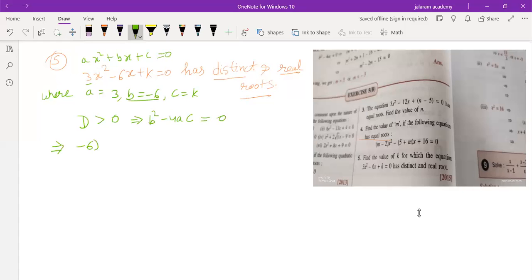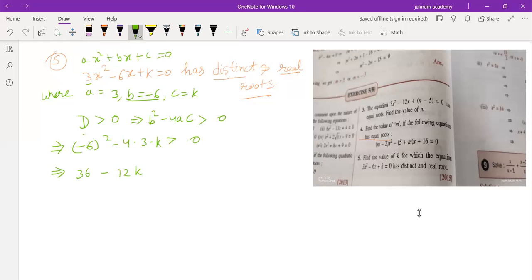So (minus 6) whole square minus 4 into a into c, it implies 36 minus 12k. Sorry, it is greater than 0, right? It is not equal to, it is greater than 0. Is that clear to you?